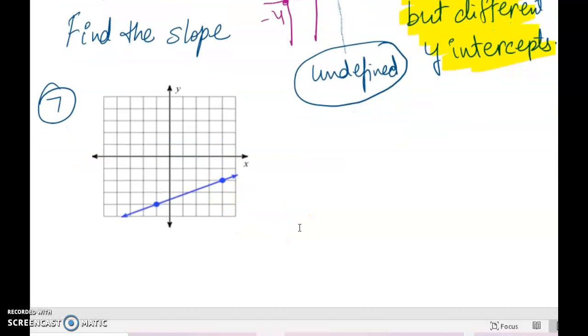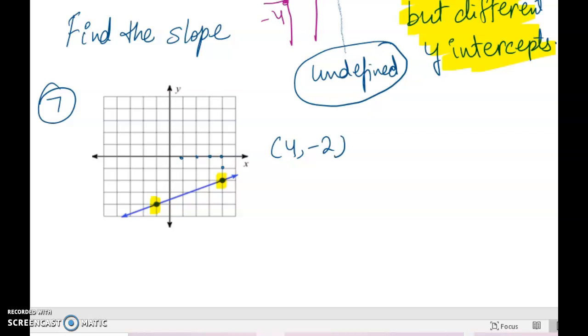Now they have provided you the graph. So my first line of action would be to identify what are these two given points. If I just count on the graph, I can see it is going 1, 2, 3, 4. 4 units on x and 1, 2 down. So 4 and -2.